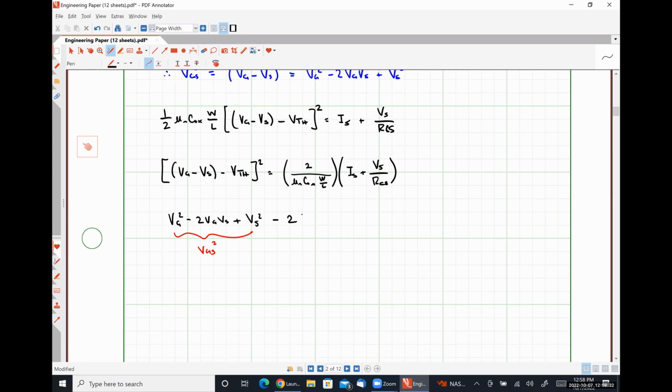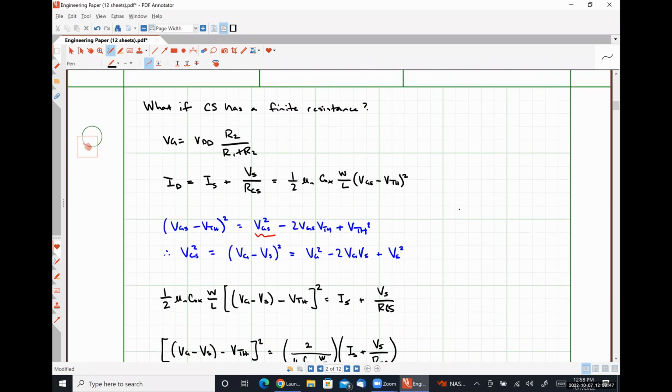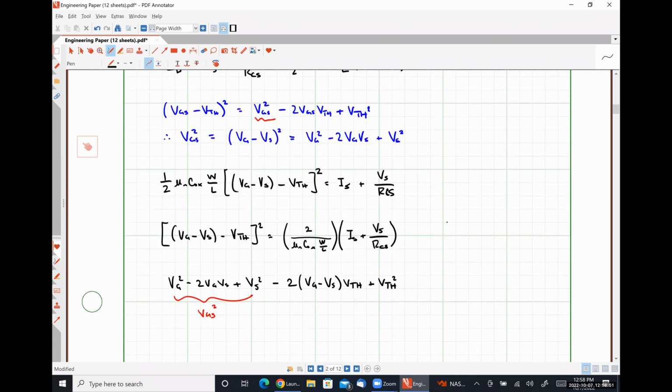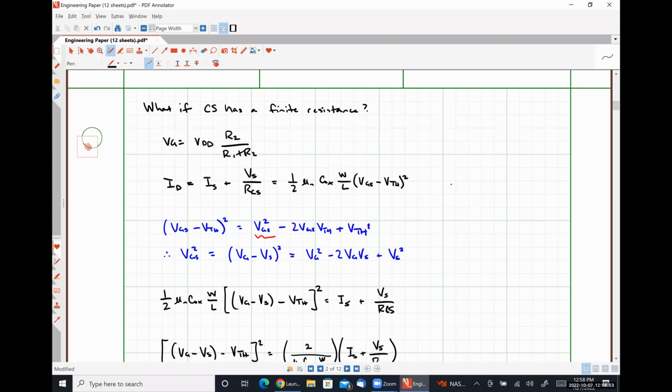minus 2 VG minus VS times VTH plus VTH squared, because that's minus 2 VGS times VTH plus VTH squared.